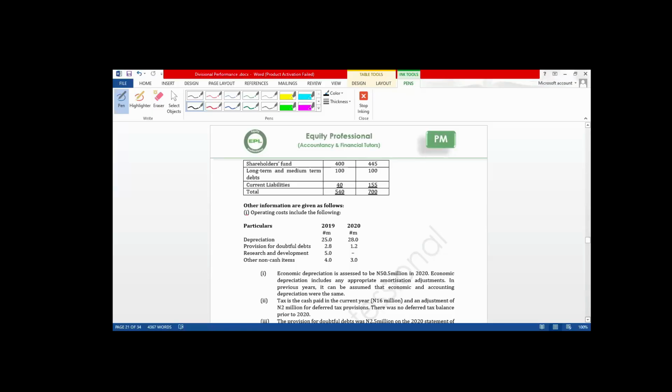You have research and development. In 2019 only, you have non-cash item.